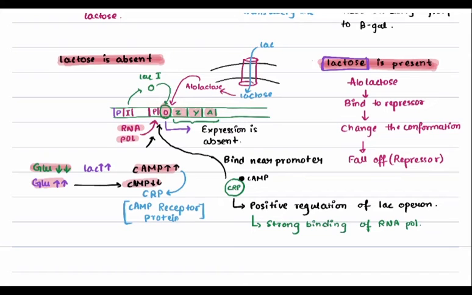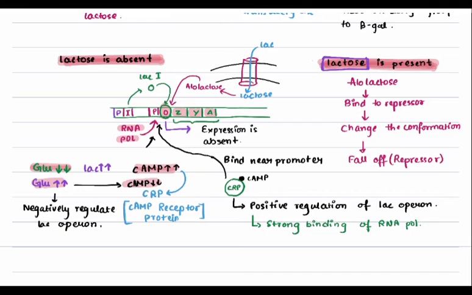Hence, it will reduce the concentration of cyclic AMP, and therefore, it will negatively regulate the lac operon. Right, so these are another two levels of how the lac operon is being regulated by cyclic AMP and another molecule called CRP.